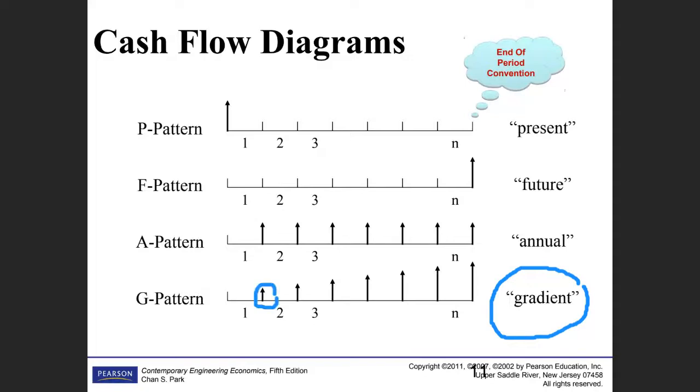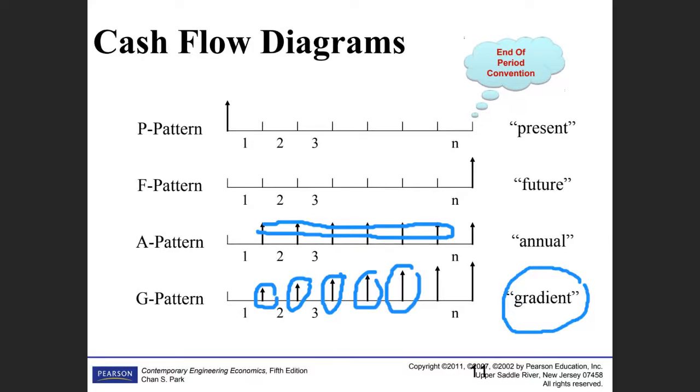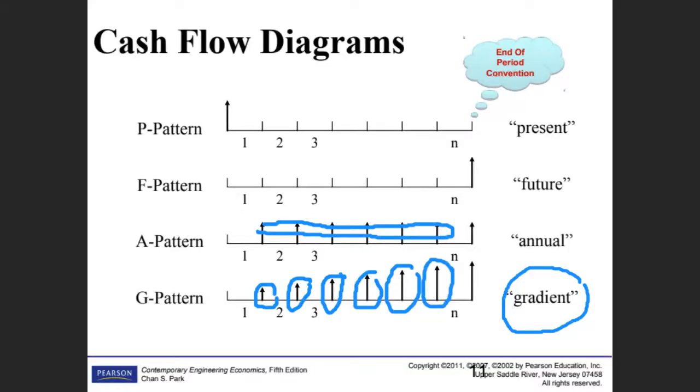Every year you can see here the payment is different from the A pattern, which is the same, but here it keeps on increasing. Let's say an increase of $100 every year. If you have this type of series, this is what we call a gradient series. Is it clear?